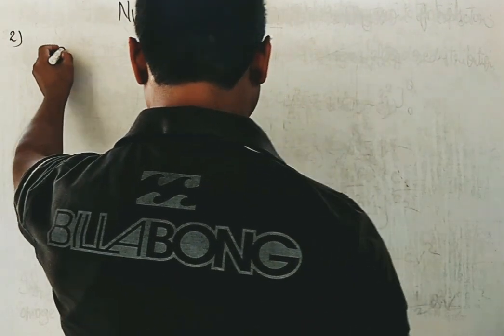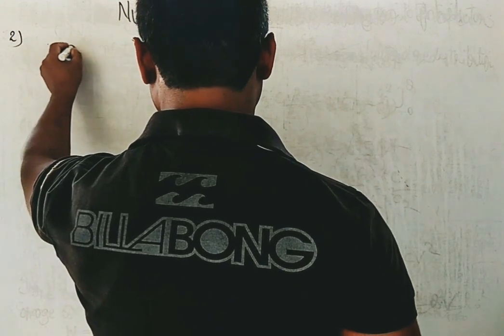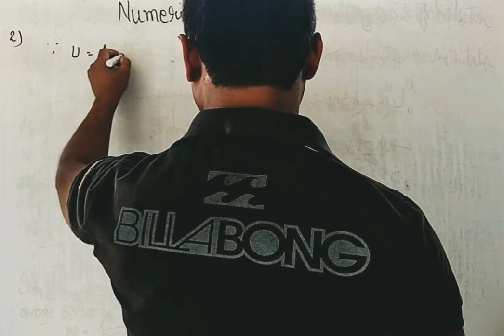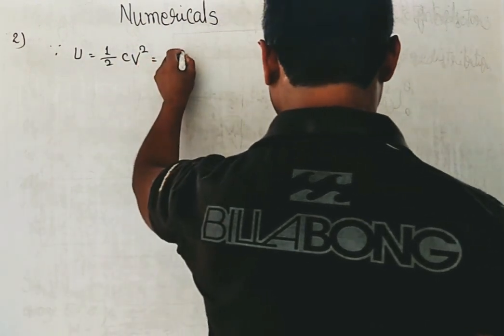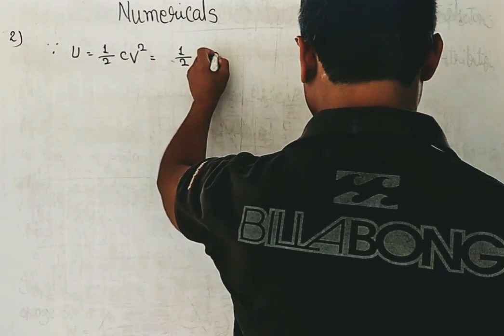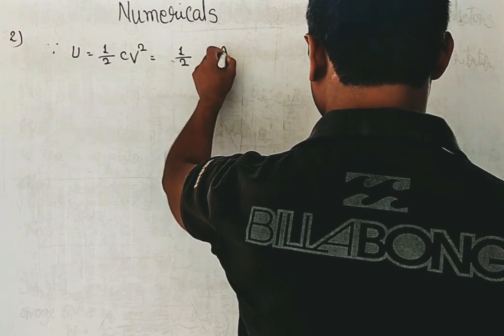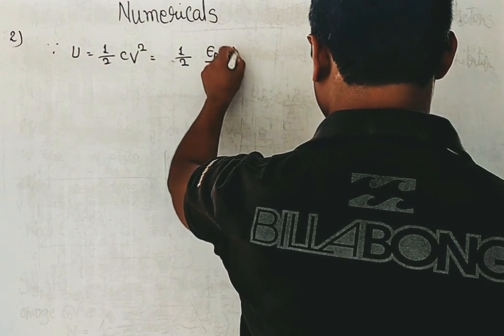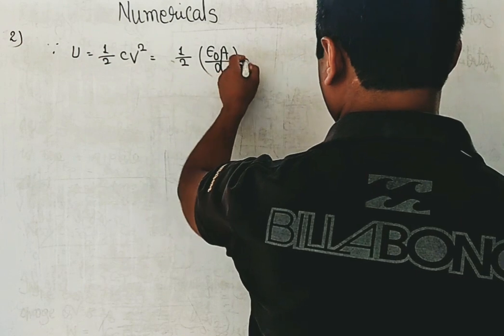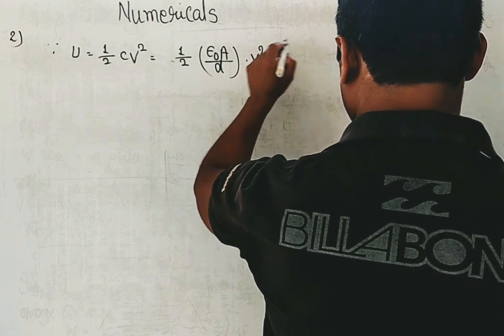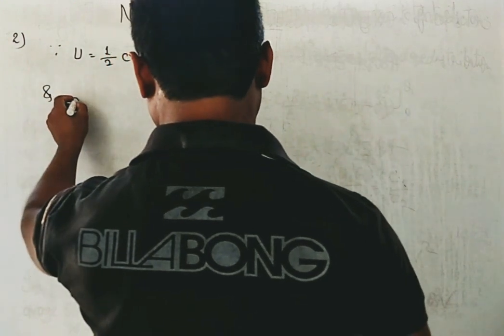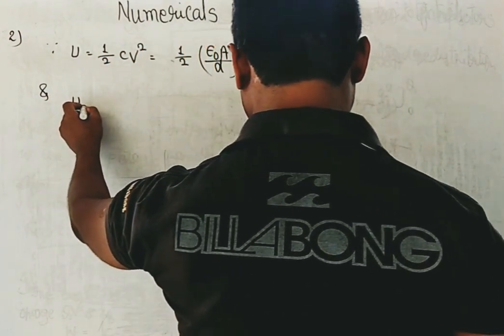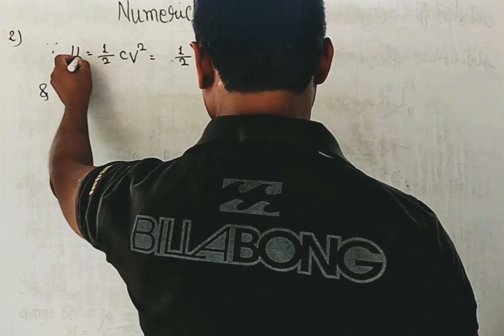So here we write, since U equals to half CV square, which is equal to half epsilon naught A by D, as the capacity, into this V square, and let's call this U1.